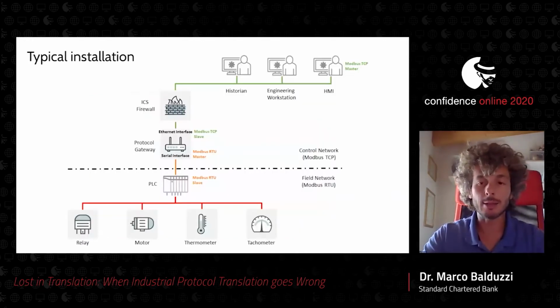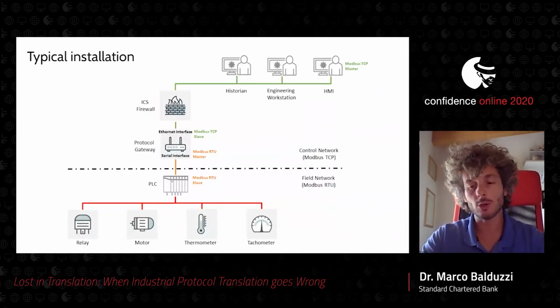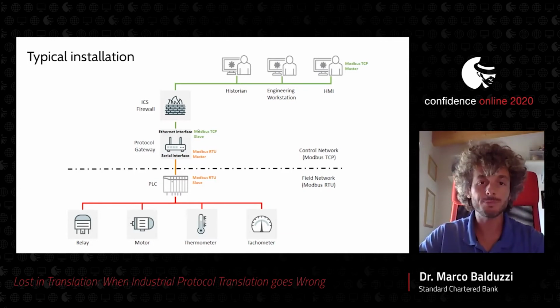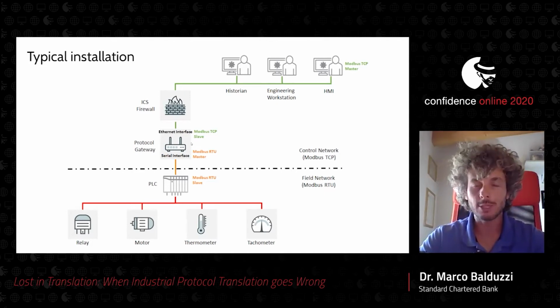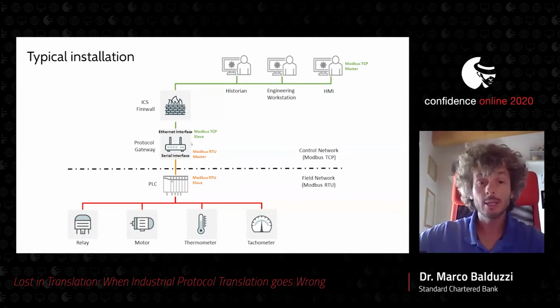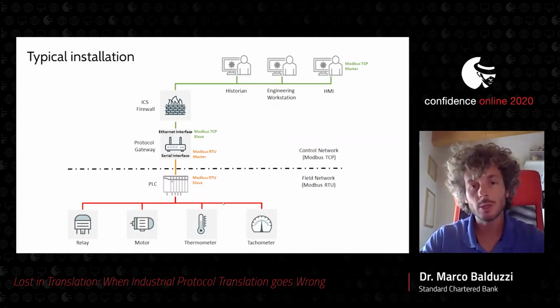A typical installation is as follows. You have the protocol gateway here in the middle. What the protocol gateway does is connect the control network, which in this example runs on Modbus TCP, down to the field network, which runs on Modbus RTU.